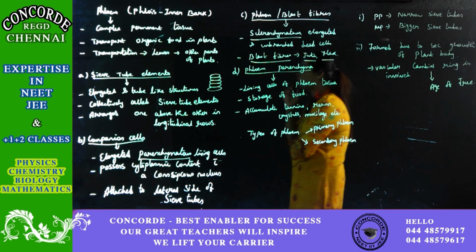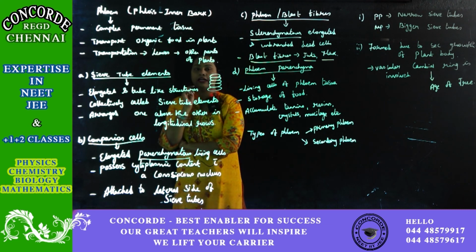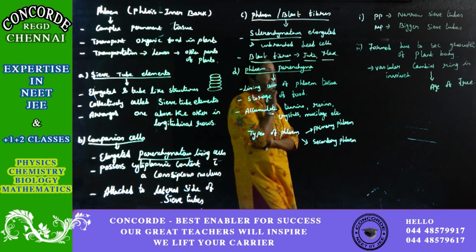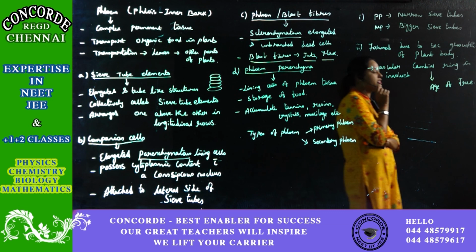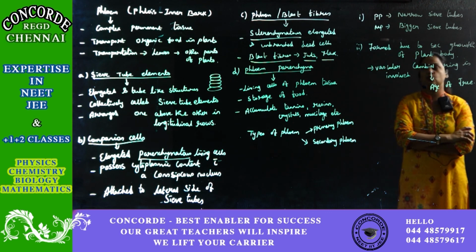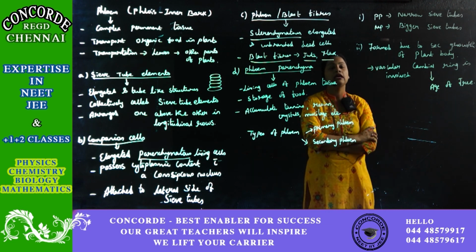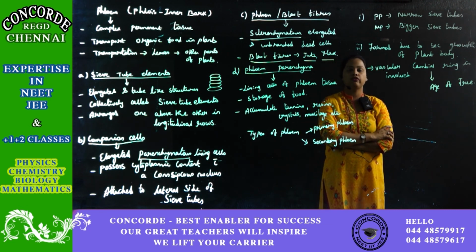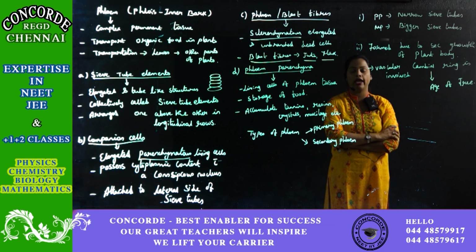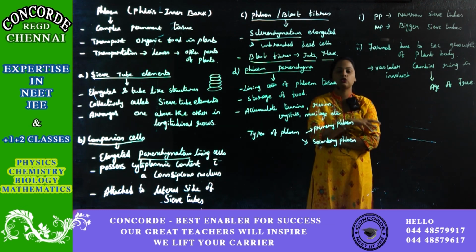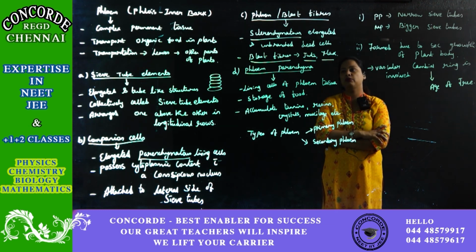Secondary phloem is usually developed after the secondary growth of the plant. But this secondary phloem will have a specialized structure called the vascular cambial ring. This vascular cambial ring can determine the age of the tree. Whenever you want to find out the age of the tree, based on the vascular cambial ring, we can come to a conclusion about the age of the tree.